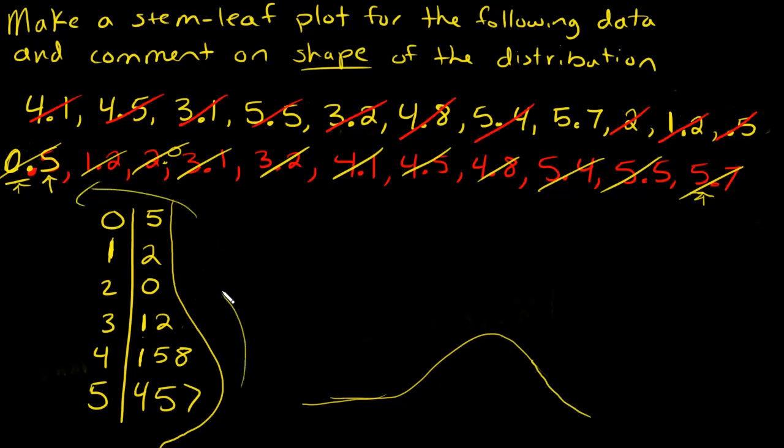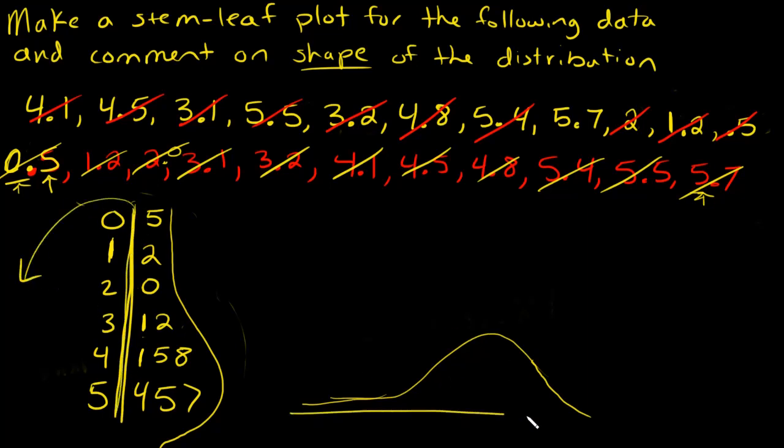When you turn it sideways, you'll see it looks like this. The reason why it's nice to look at it sideways on the horizontal, like imagine turning this line here and then bringing it down to the horizontal, is because now we can see left and right skewed really nicely.